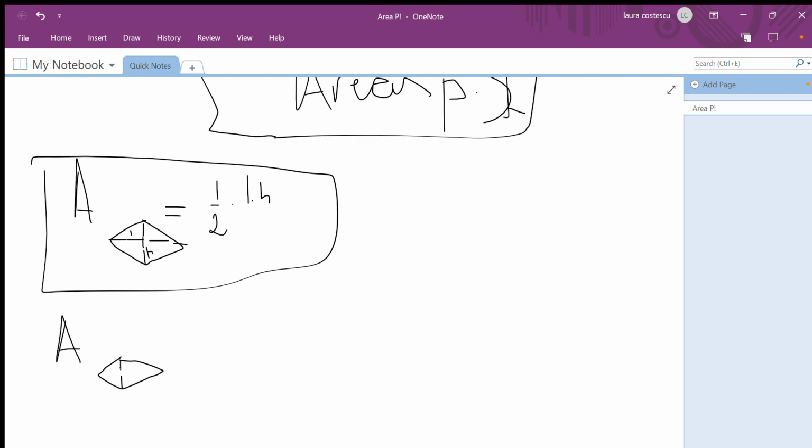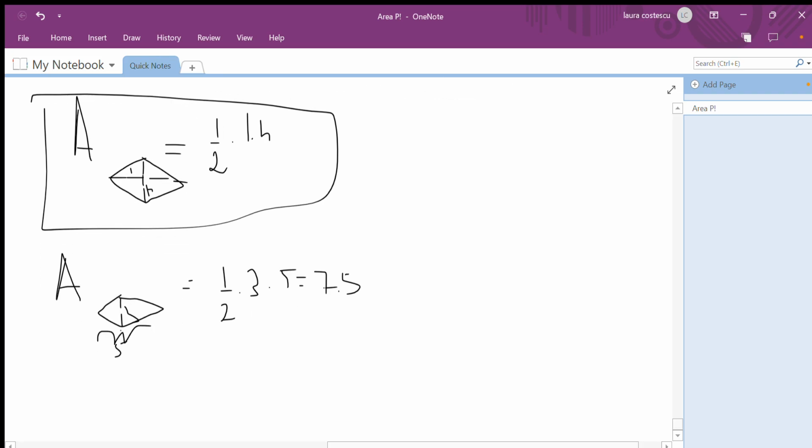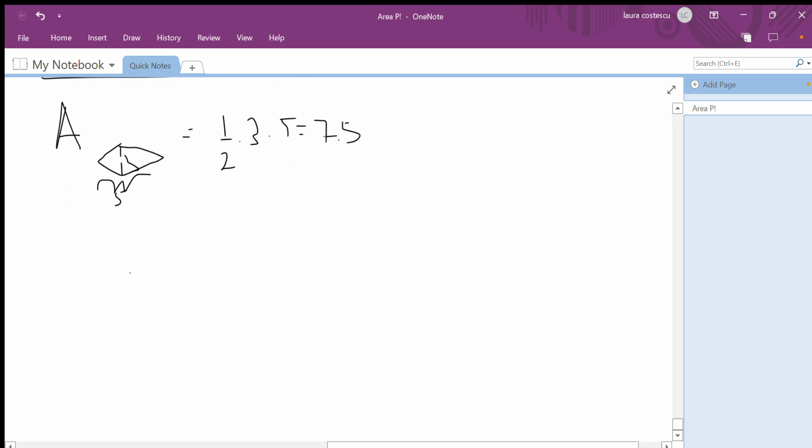Let's say the height is 3 and the length, I'm gonna draw like this, length is 5. Tell me this. This is gonna be equal to, well, you can pause the video if you need more time. I will say it here right now. It is equal to this, which equals 7.5. So very important, you gotta keep on learning this.